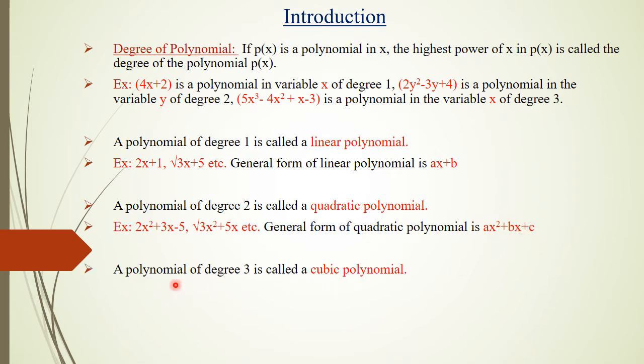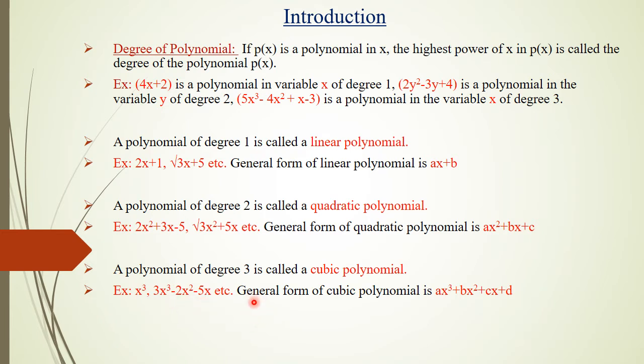Next, a polynomial of degree 3 is called a cubic polynomial. Examples of cubic polynomials are x cube, 3x cube minus 2x square minus 5x, etc. You can see here if x is the variable, the highest power of x is 3 here, therefore this is an example of a cubic polynomial. Here also the highest power of x is going to be 3, therefore this is also an example of a cubic polynomial.